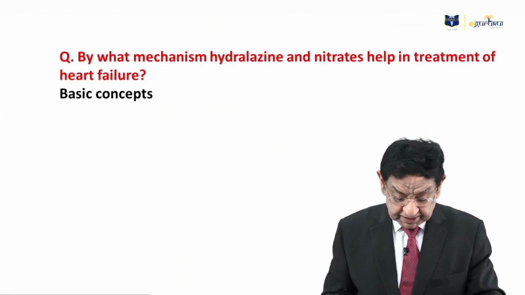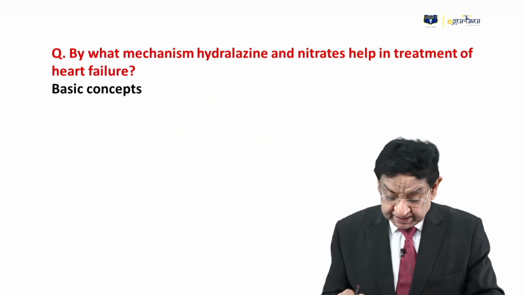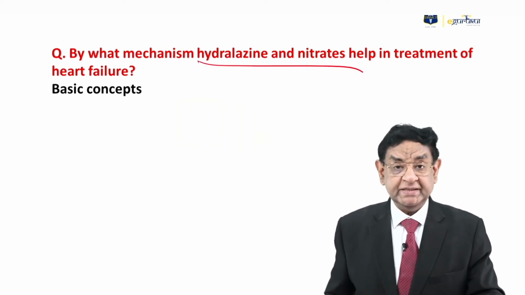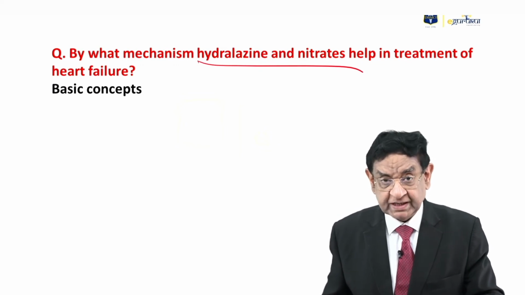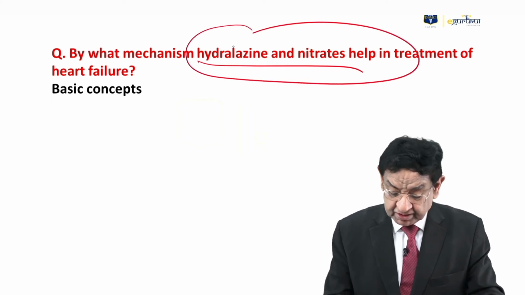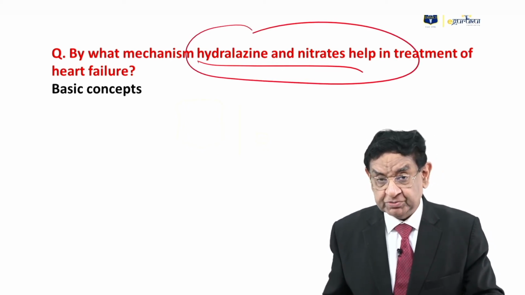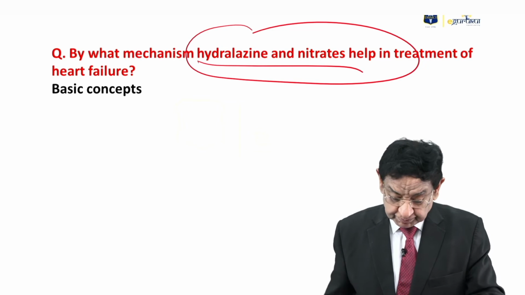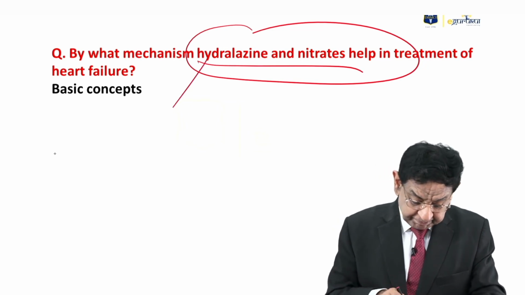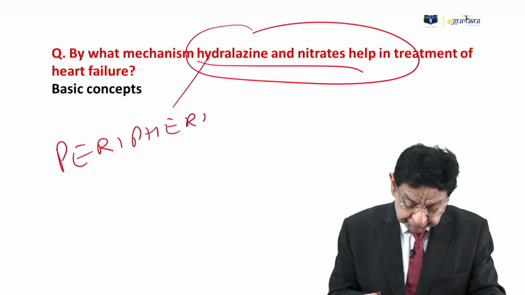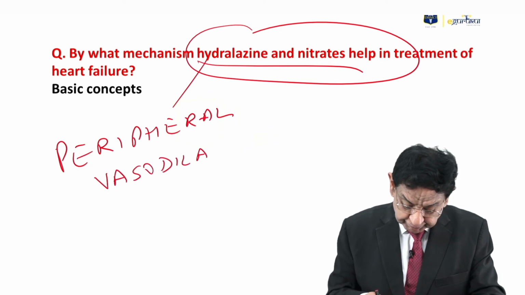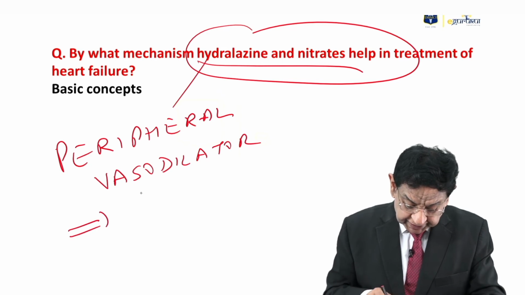In the list, I gave you the names of hydralazine and nitrate also, which especially help in heart failure in black African patients, to be more precise. What is the mechanism of action of these two drugs to reduce heart failure? Stop the video, write down the answer in your copy. Hydralazine is a peripheral vasodilator, so it reduces afterload.